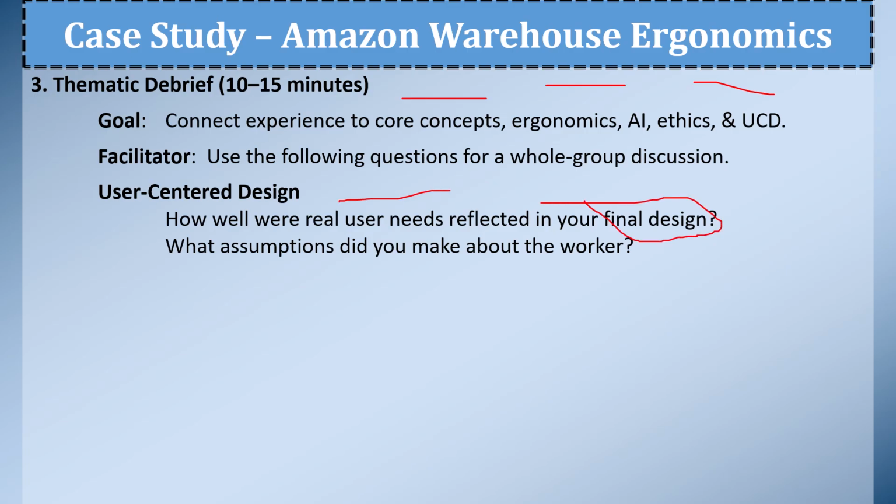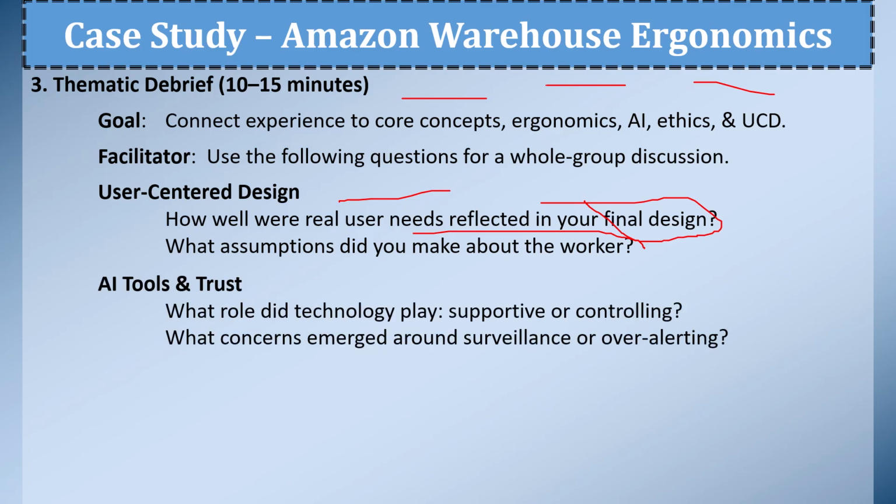And what assumptions did you make about the worker? This section highlights whether the solution stayed grounded in authentic needs or defaulted to convenience or efficiency. Encourage participants to notice when design drifted towards abstract ideas instead of human realities. Explore how unchecked assumptions can erase key user voices.